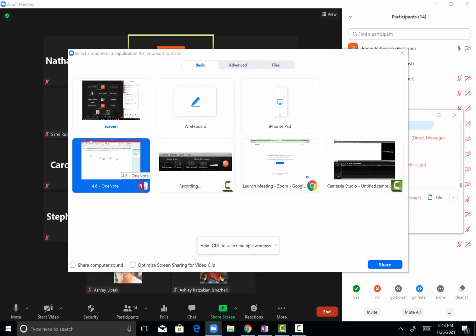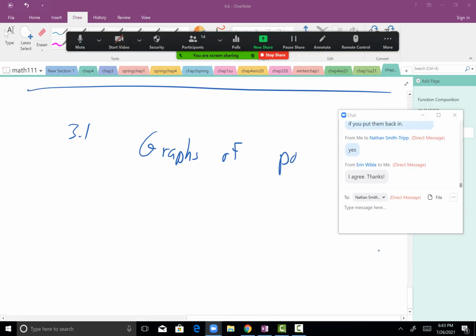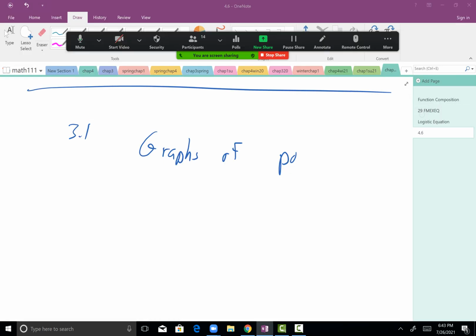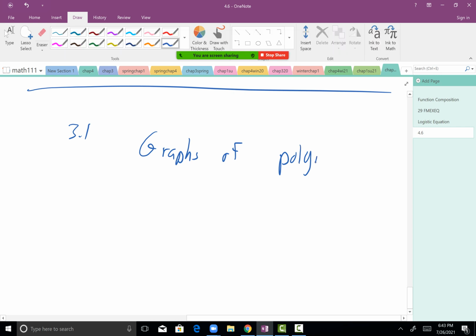We're going to be in Desmos real shortly anyway. Graphs of polynomials. And we're going to take a look at graphs of polynomials, concentrate on what we call end behavior.